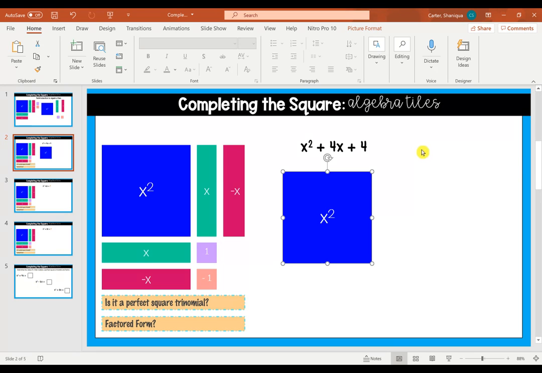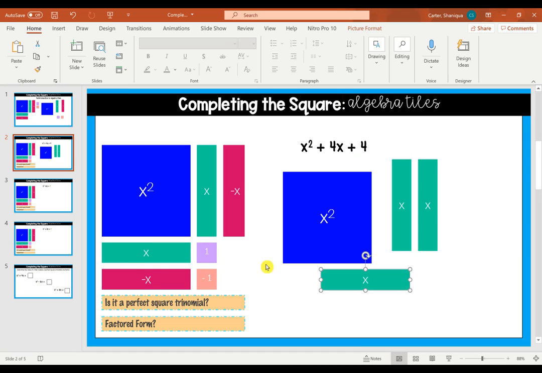So this is telling me that I have 1 square plus 4x. That means I have positive 4x. So that's 1, 2, 3, 4 positive x's. And then it's saying I also have positive 4 units. Remember, that's the one that doesn't have a variable. So I'll just grab 4 positives because that's what plus 4 means.